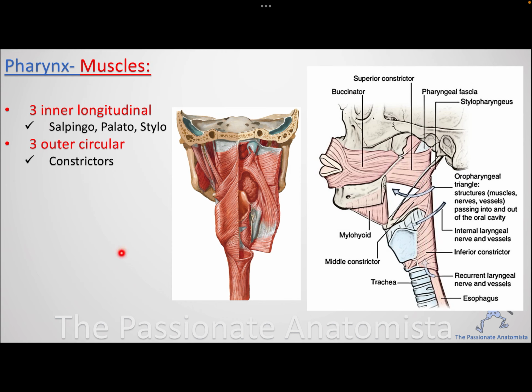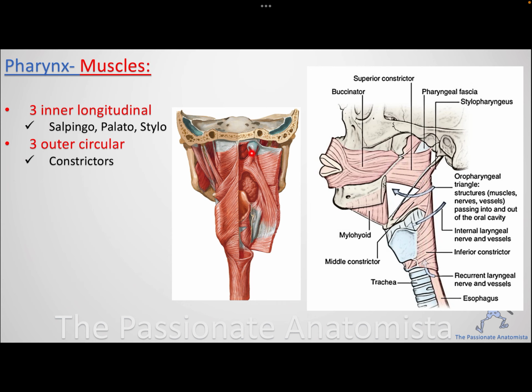Now, what are the muscles of the pharynx? We have three inner longitudinal muscles and three outer circular muscles. For the inner longitudinal muscles, we need to remember some soldiers here as well, because we need some attachments. Two of them, just like the previous video, are from the palate and styloid process, and one of them is from the salpingo, which is the auditory tube, because I need a muscle related to the nasopharynx.